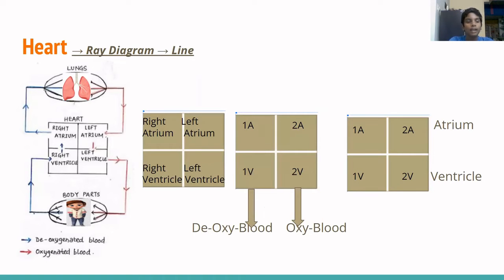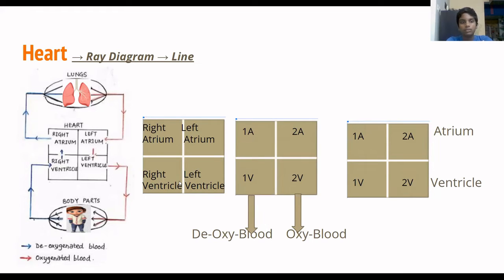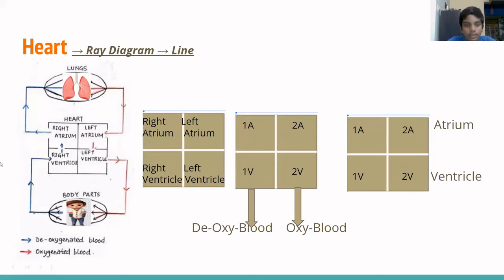Now let's understand the heart through a ray diagram or line diagram. So this is the basic structure of the heart. It comprises 4 chambers, right and left atrium, right and left ventricles.